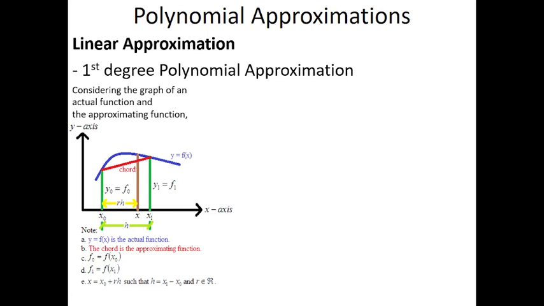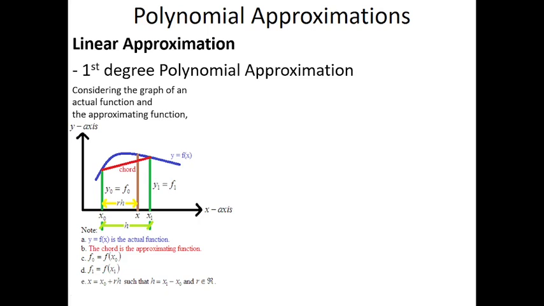That is the actual function. Then we have the chord. The chord is the approximating function. In other words, this actual function is approximated by a chord.